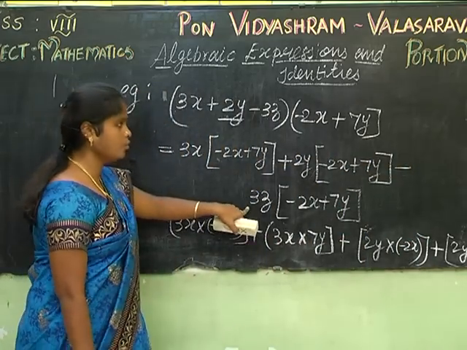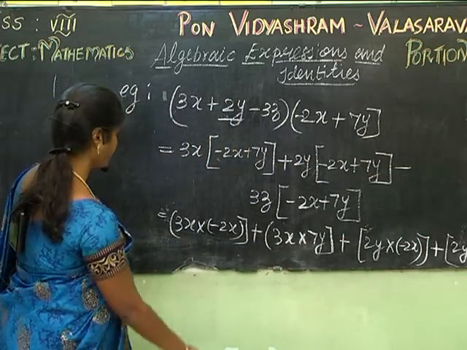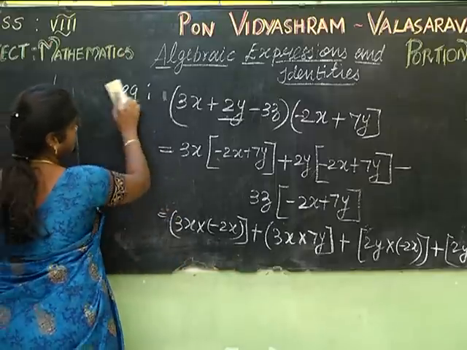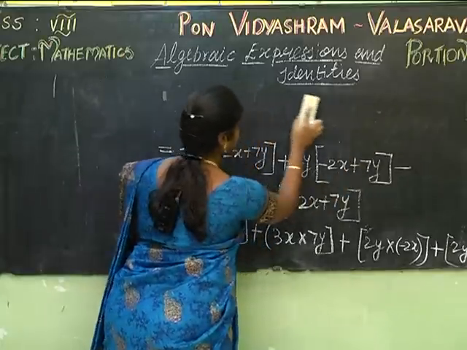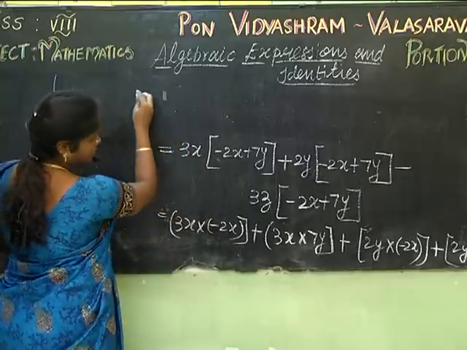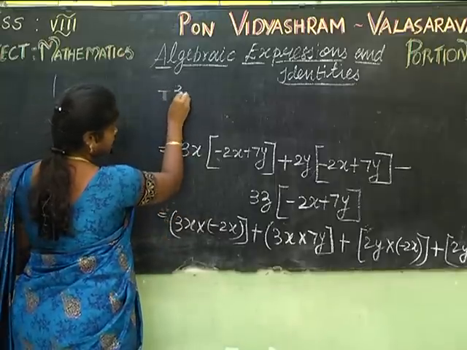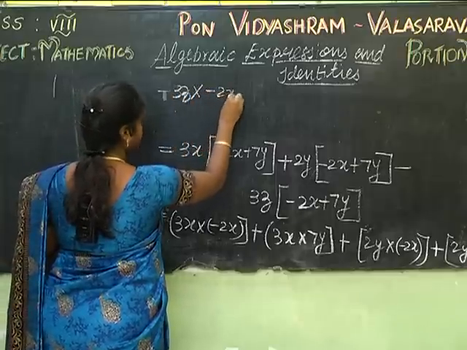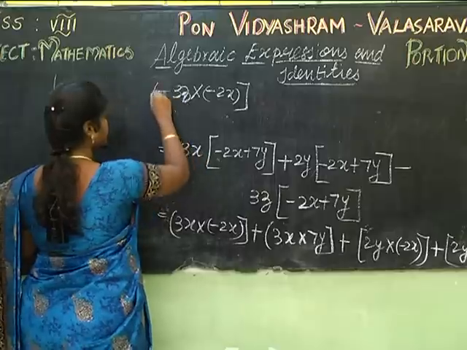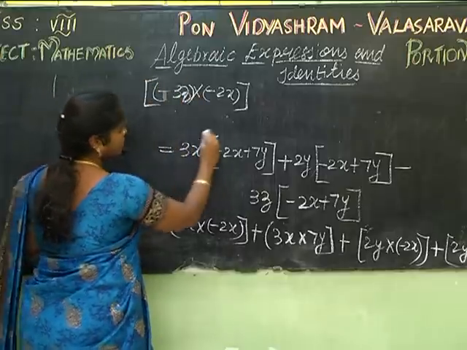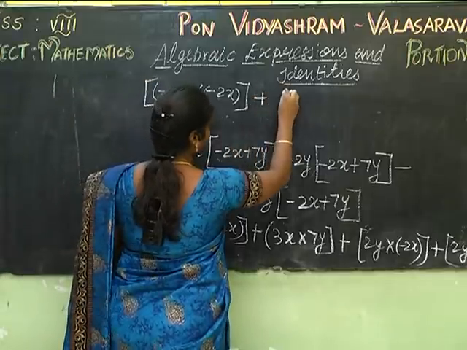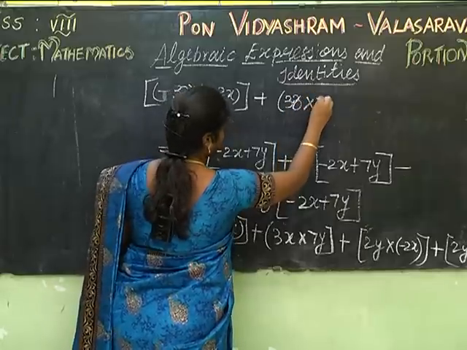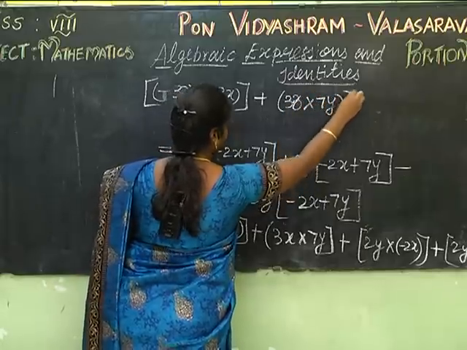Then come to the third one, minus 3z into minus 2x plus 3z into 7y.